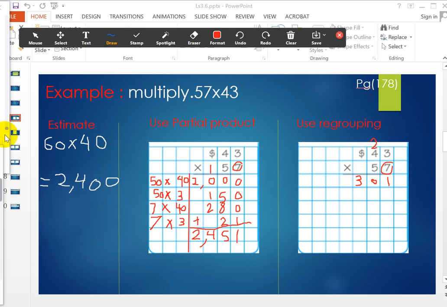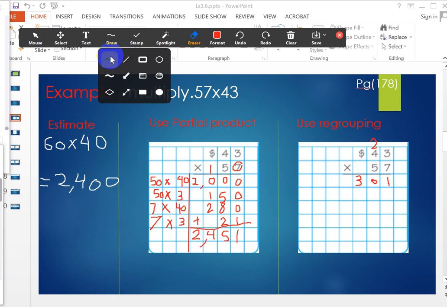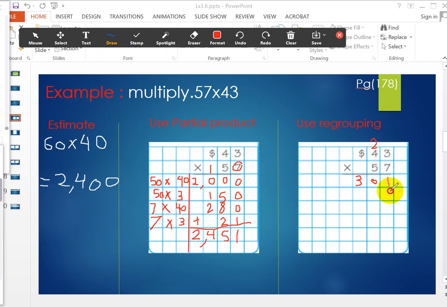The second step, I have to take the tens number 5 and multiply it with 43. Before that, I have to put 0 in the ones digit as we learned, and then start my multiplication. 5 multiply 3 equals 15.